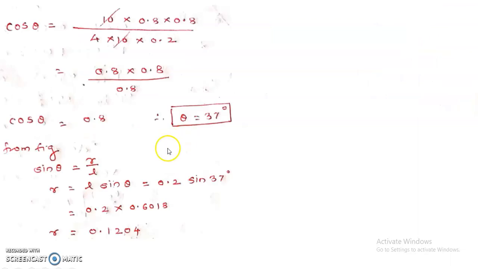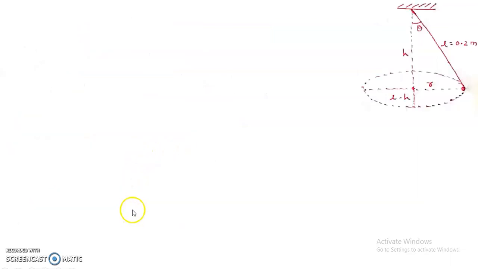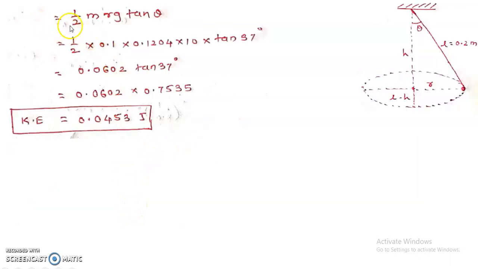Then we can substitute in the formula of kinetic energy. Kinetic energy is given by half mv square. This half as it is, m as it is, and instead of v square, I told you we substitute under root r g tan theta whole square. So the square root gets cancelled, and we have r g tan theta only. Now m is 0.1, r is 0.1204, g is 10 and tan of 37 degree.